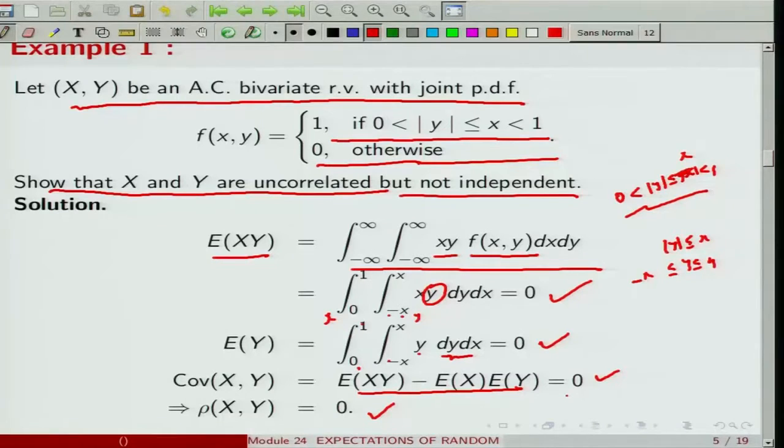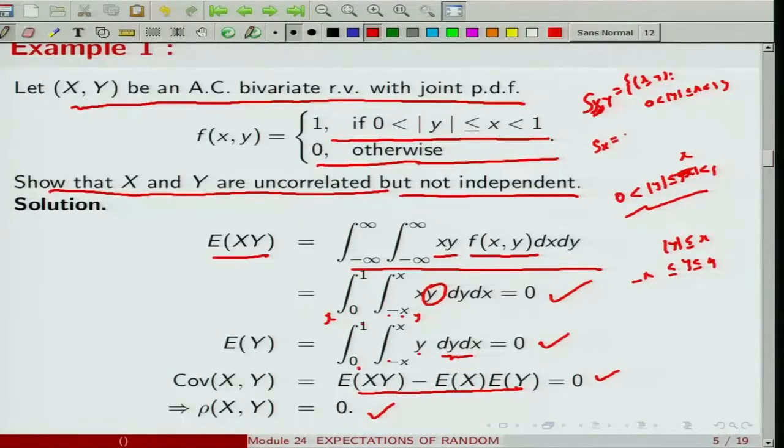Now, to check whether they are independent or not, let us make a quick test based on the supports. Clearly, if I look at the support of x and y, this is the collection of all those x y's such that 0 less than mod of y less than or equal to x less than 1.